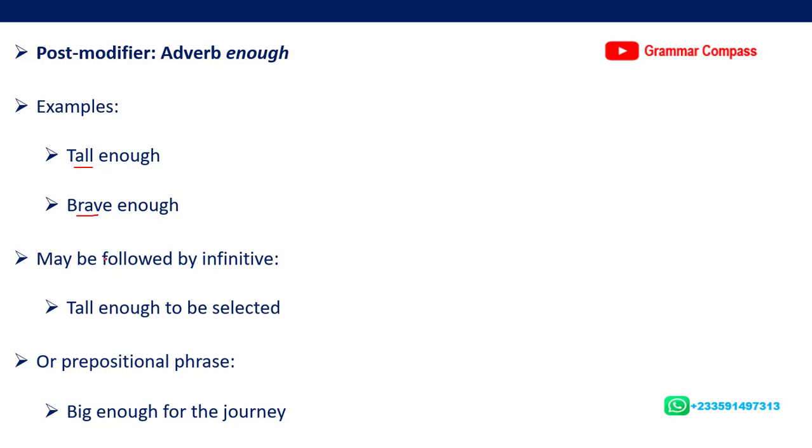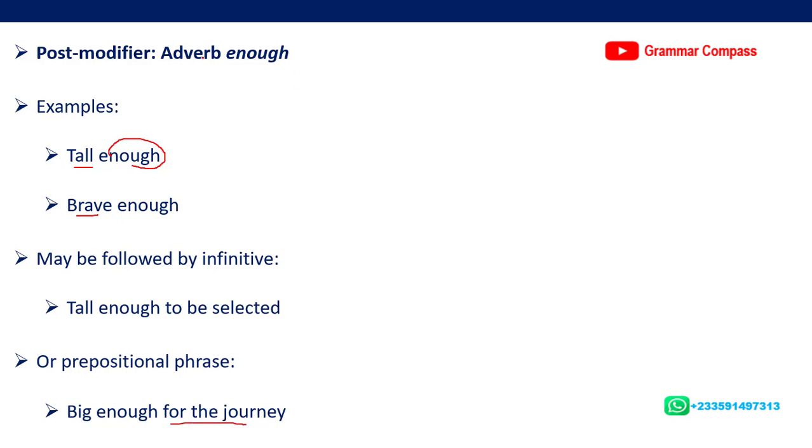Now, the adjective may also be followed or qualified by the infinitive. After the adverb enough, enough can be followed by an infinitive as a qualifier to the adjective head. For example, he is tall enough to be selected. Or enough can be followed by a prepositional phrase. Big enough for the journey.